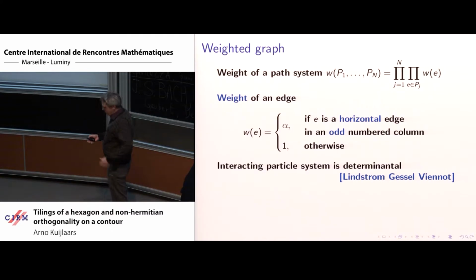You can express the probabilities that your paths are at a certain set of locations at some intermediate level in terms of a product of two determinants. And it will also involve this alpha.